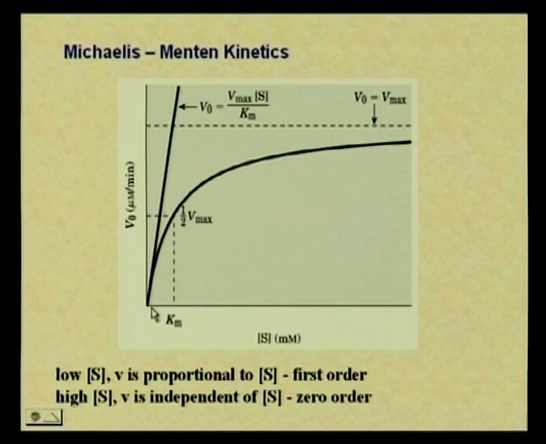As you increase the substrate concentration, because the enzyme has limited capability in forming an enzyme substrate complex, this will reach a limiting value. This limiting value is dependent on the total enzyme concentration available to you, and this is Vmax, the maximum velocity available.